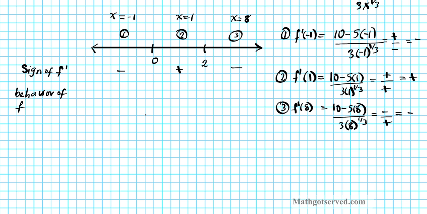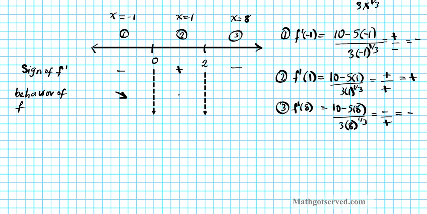All right, so what do these tell us about the behavior of f on these intervals? How does f behave? Since f prime is negative on the first interval, f is going to be decreasing.